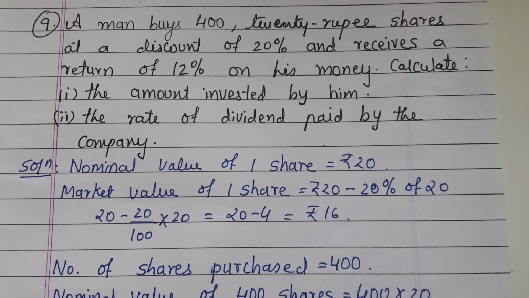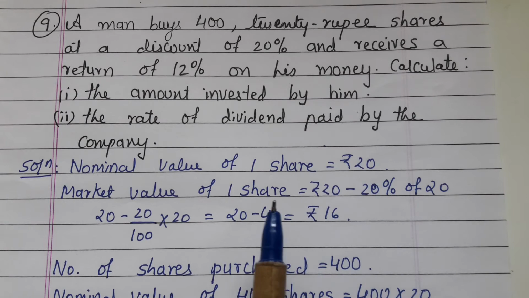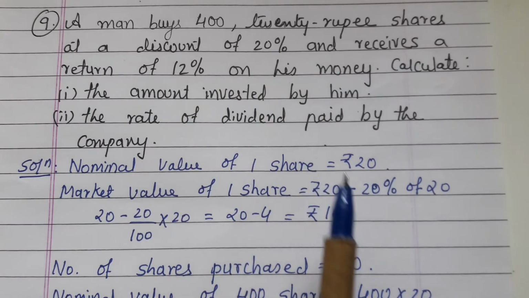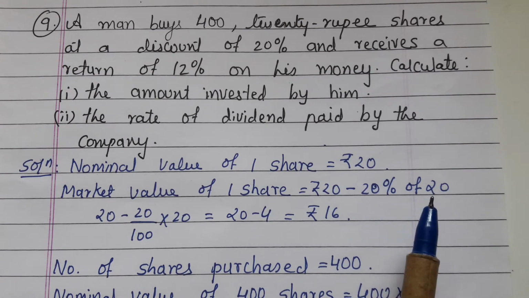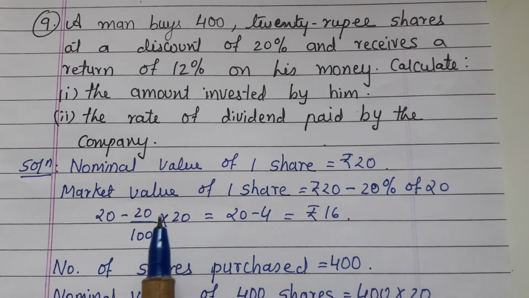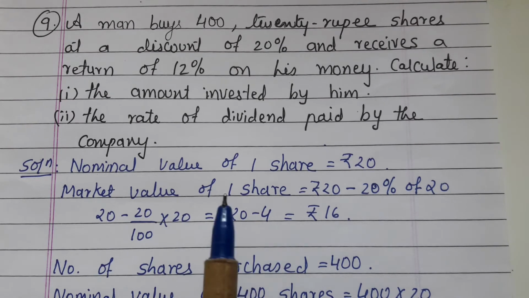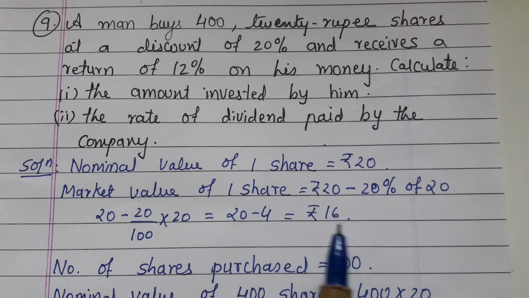Nominal value of one share rupees 20. Market value of one share, discount of 20%, means 20% of 20, that is 20 upon 100 into 20, that is 4. Market value of one share, 20 minus 4, rupees 16.